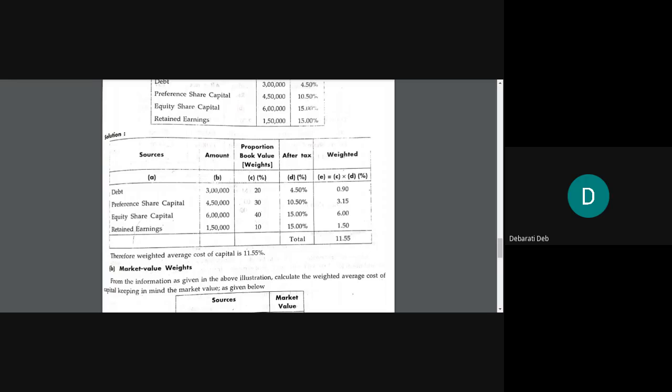Okay, all of you understood how these book value weights are calculated? These are nothing but the individual amount divided by the total amount.